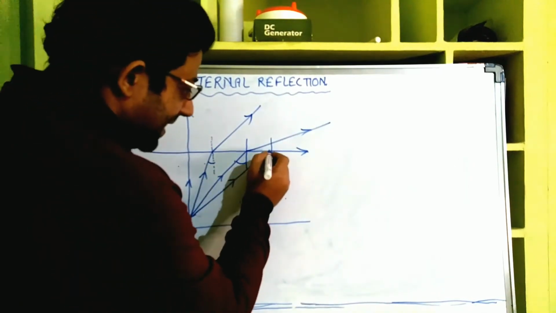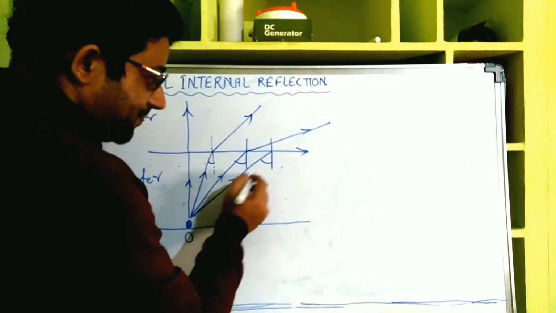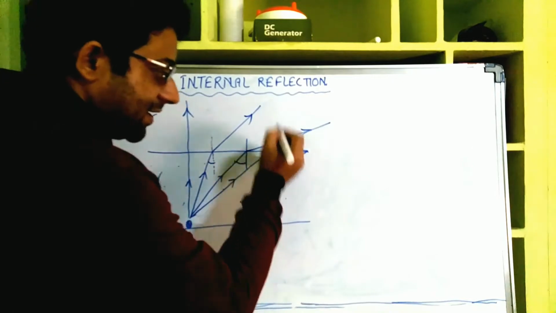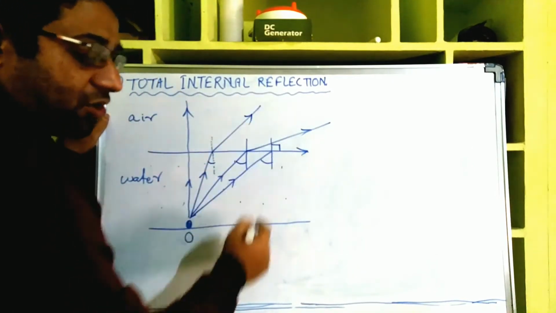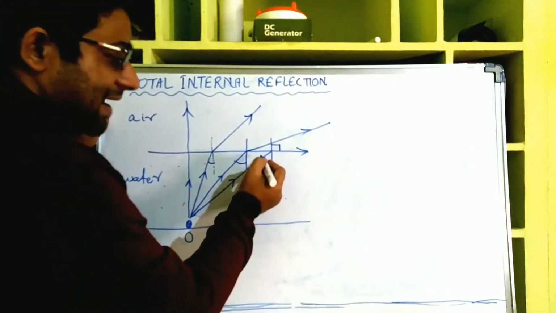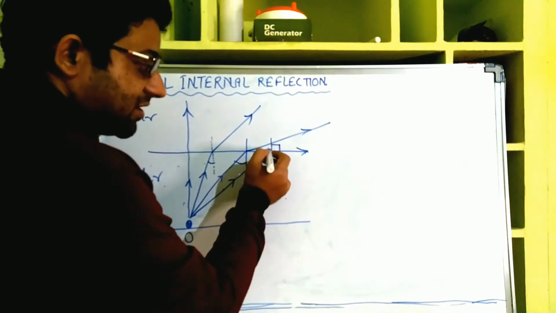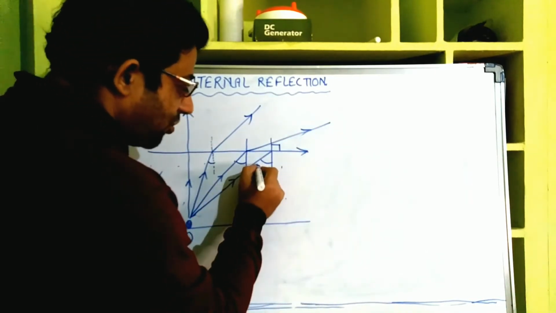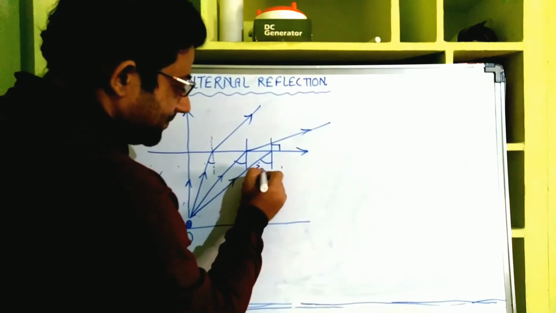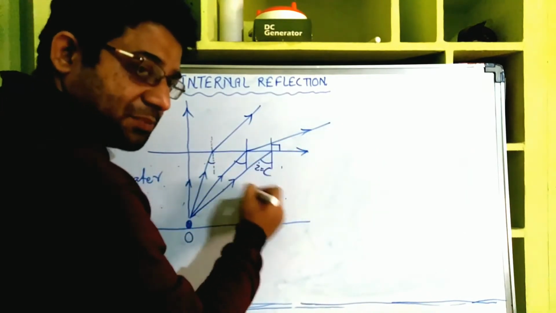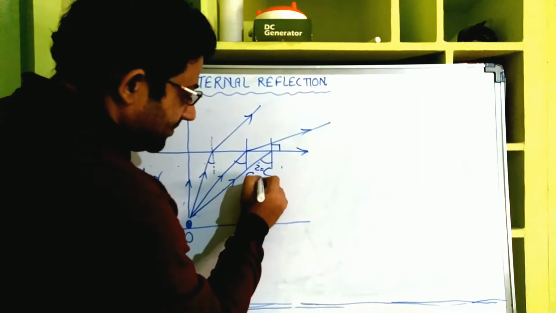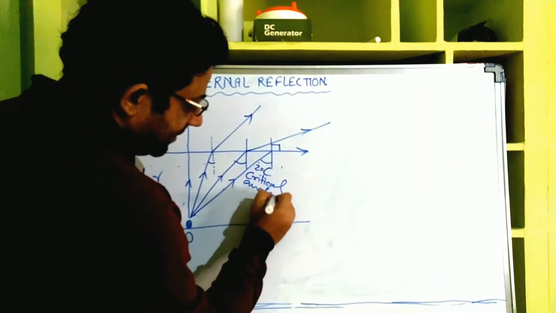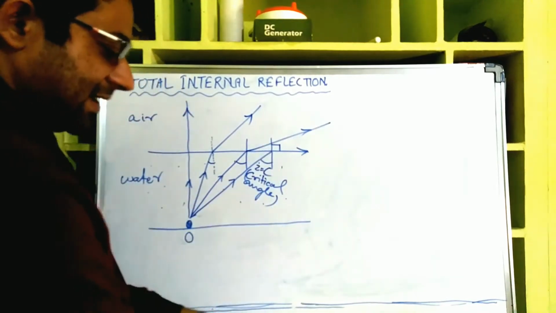Now the angle of incidence for which the refracted ray makes 90 degrees with the normal, or becomes parallel to the surface of water, is called the critical angle. I becomes equal to C, the symbol is C, and it's called the critical angle.